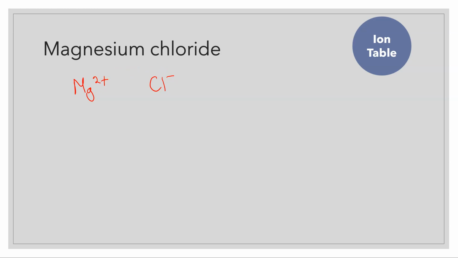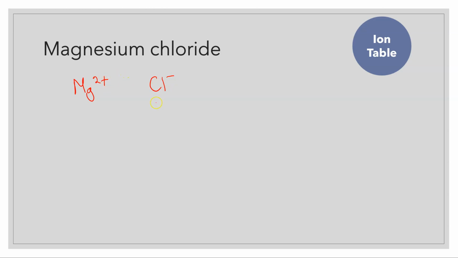In reality, they're not bonding one to one. There's going to be billions of magnesium atoms reacting with billions of chloride atoms. You've just got to figure out, in essence, what the ratio is. So if you look here, you can see that this chloride ion will only cancel out 1 plus.